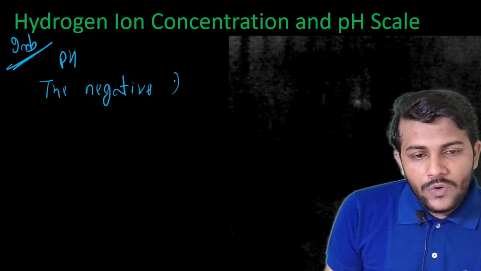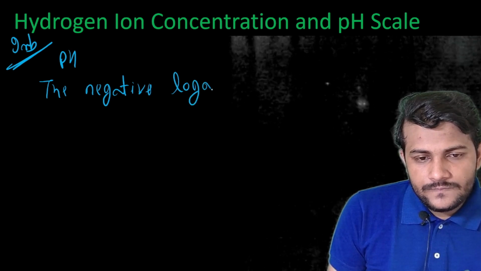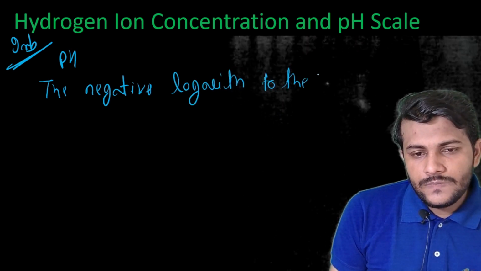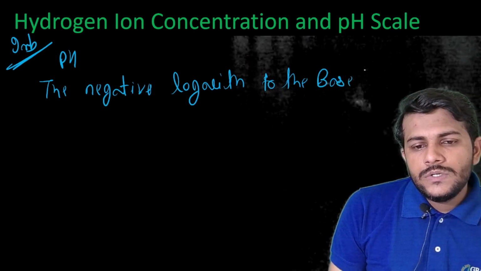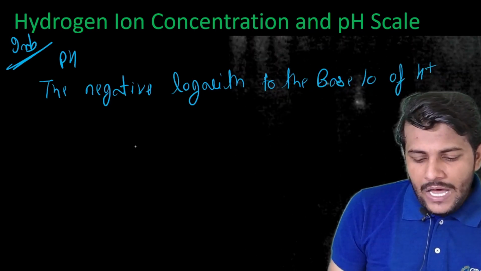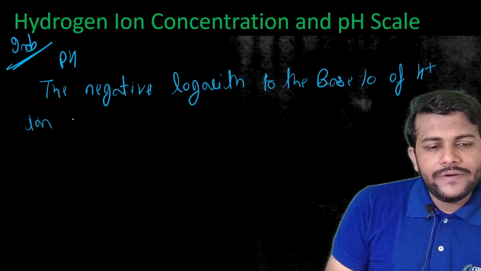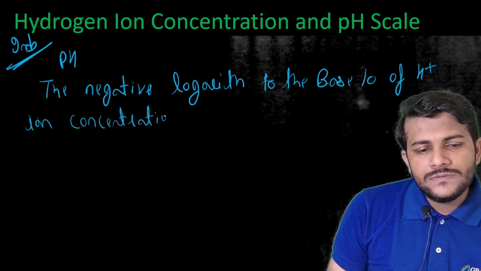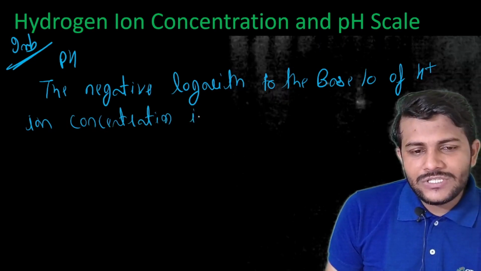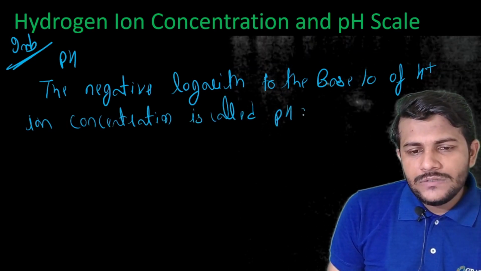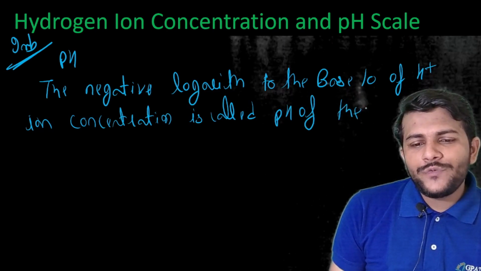The negative logarithm to the base 10 of hydrogen ion concentration is called the pH of the solution.